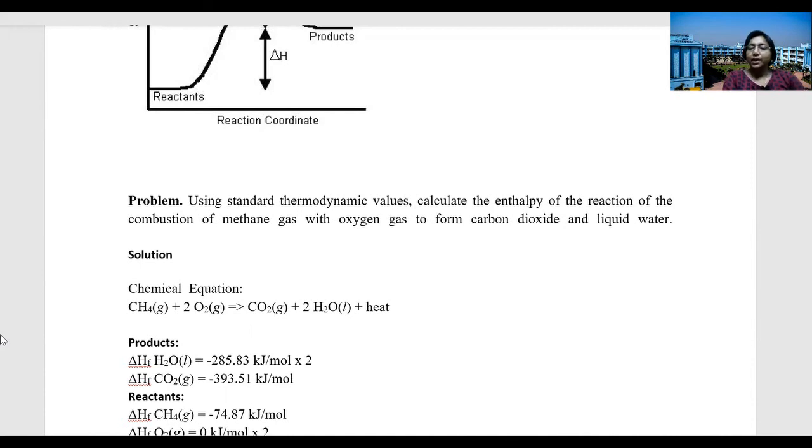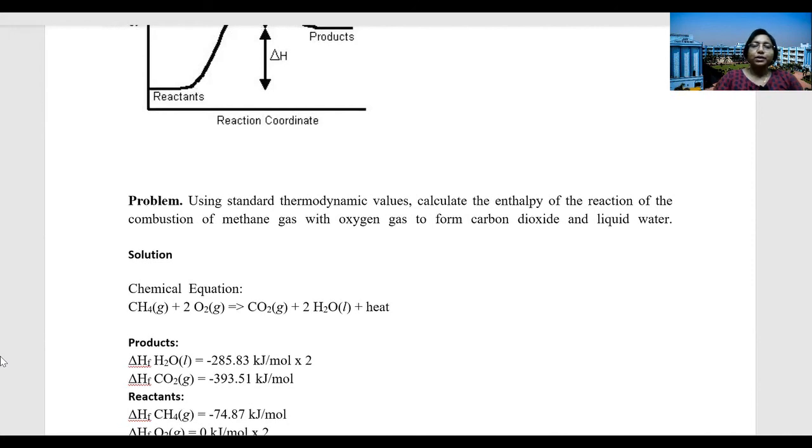And then you have learned the heat capacity, for constant volume, that is CV, and for constant pressure, that is CP. And CP is greater than CV because CP minus CV is equal to R, which has a positive value. And also you have learned enthalpy and its relationship with internal energy.